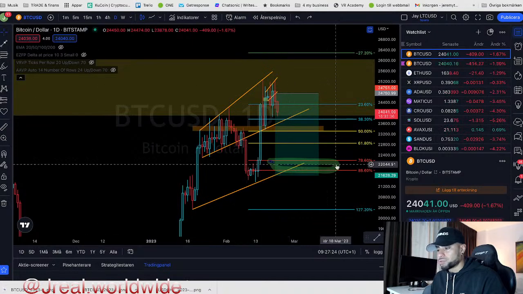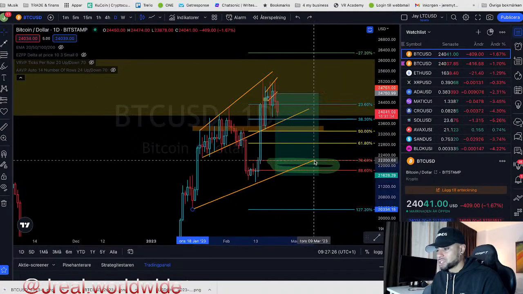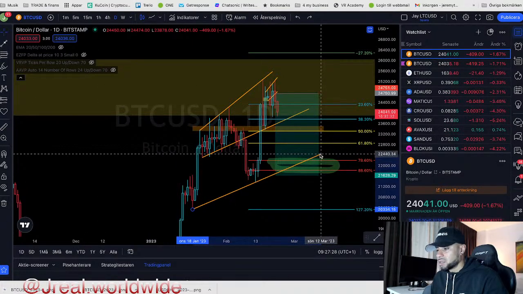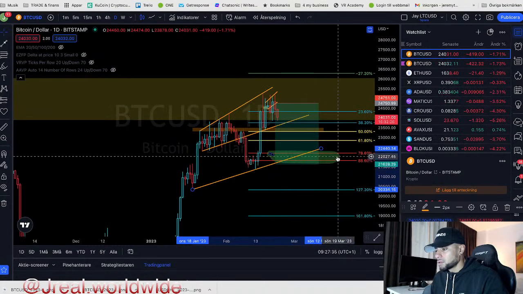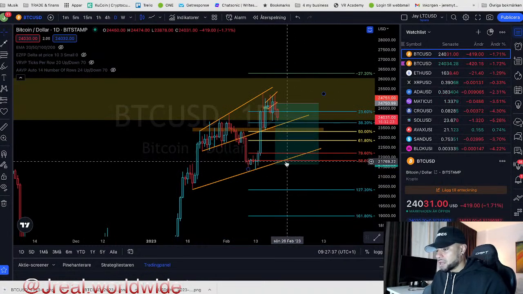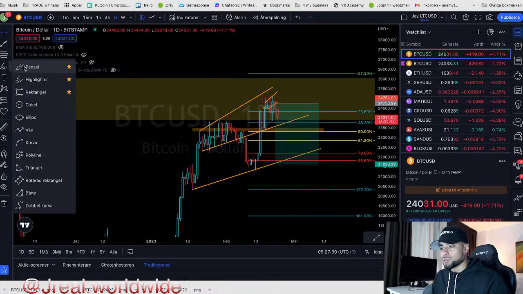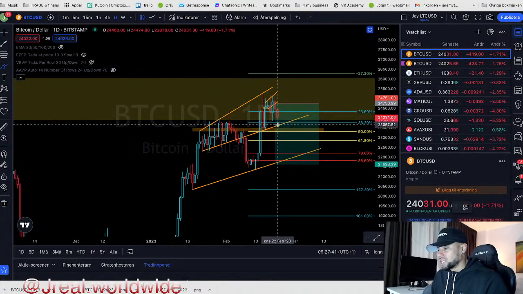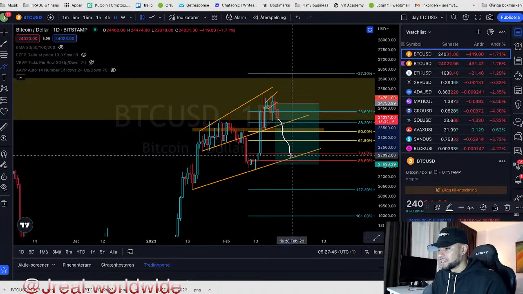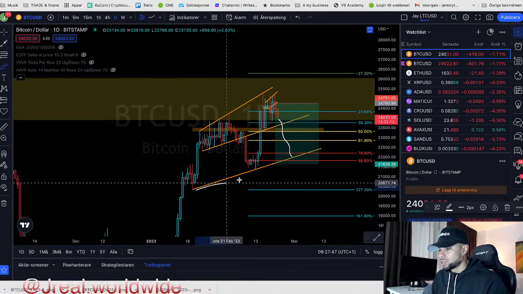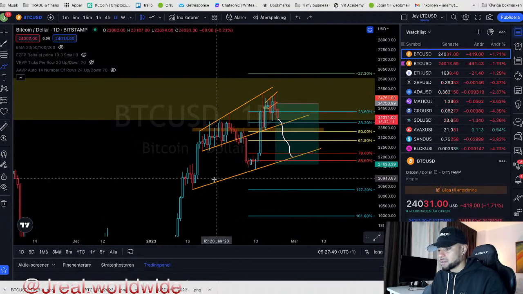So with the support of this trend, as I always say, trends are basically sloping supports and resistance. So this is a sloping support, and this confluences perfectly. So what I want to see now is this price to come all the way down here and test this structure again.